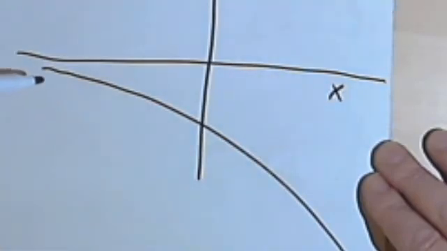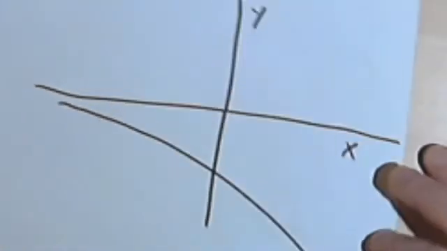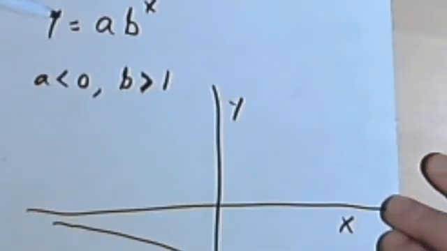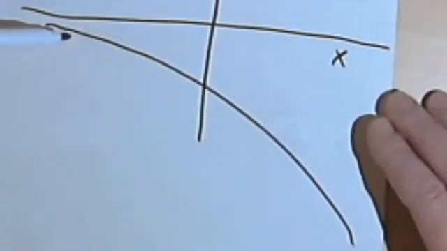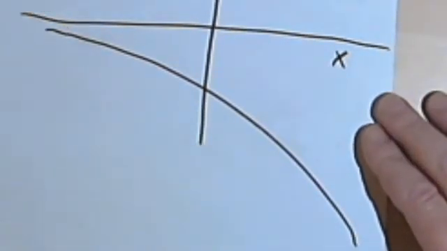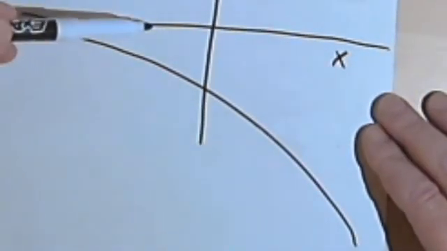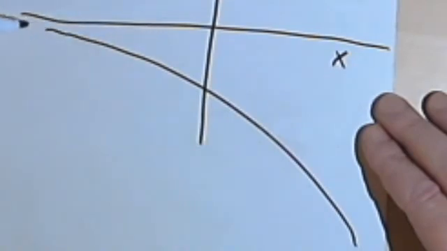This is going to keep the same domain from negative infinity to positive infinity. Exponential functions are always going to have the same domain because we can always have anything for x. But it's going to change the range. The range is now from negative infinity up to, but not quite touching, 0.